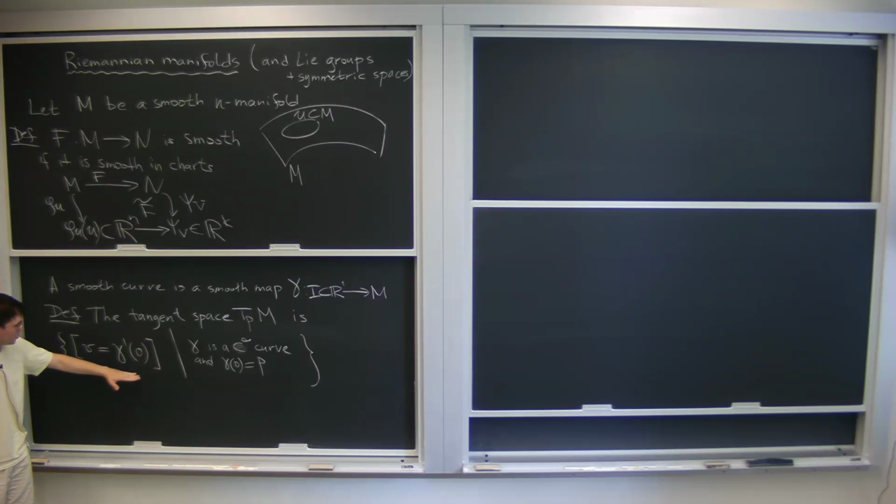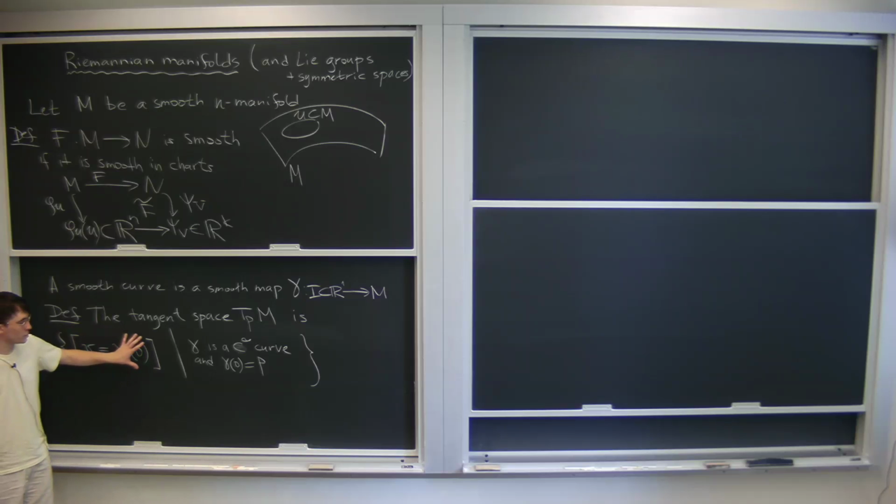This is the set of equivalence classes. This phrasing has several interpretations. One can think of just vectors having the same velocity at this point 0, or you can think that it doesn't really change with respect to change of basis.